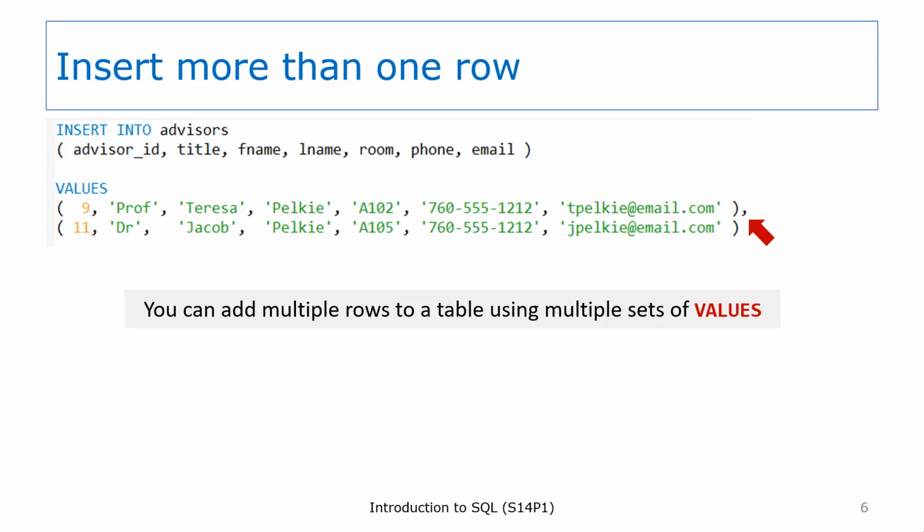Both of the values lists must contain values for the columns specified in the columns list. Also, the data must be valid for all of the columns for all of the new rows. This type of insert is an all or nothing insert. If a data value in any of the columns in any row is invalid, then none of the new rows are inserted.